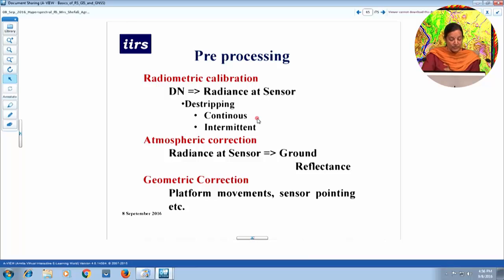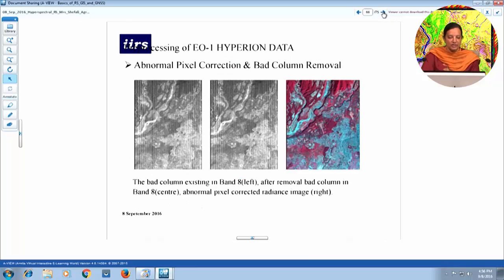Their signal to noise ratio in the shortwave infrared is also lower, so some kind of pre-processing is done. Then atmospheric correction is required because I am correlating it to the ground spectra. So you need to correct for the atmospheric disturbances, atmospheric attenuation, to get the exact ground spectra, and of course geometric correction to correlate to the spatial location on the ground.